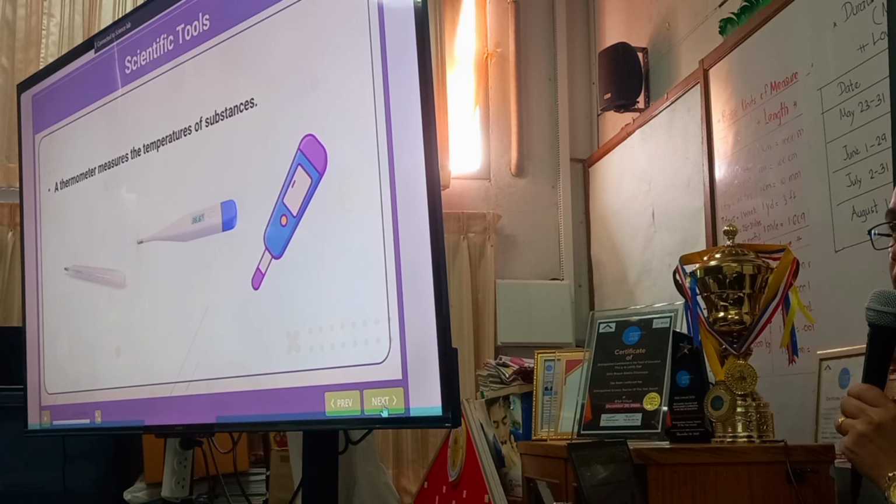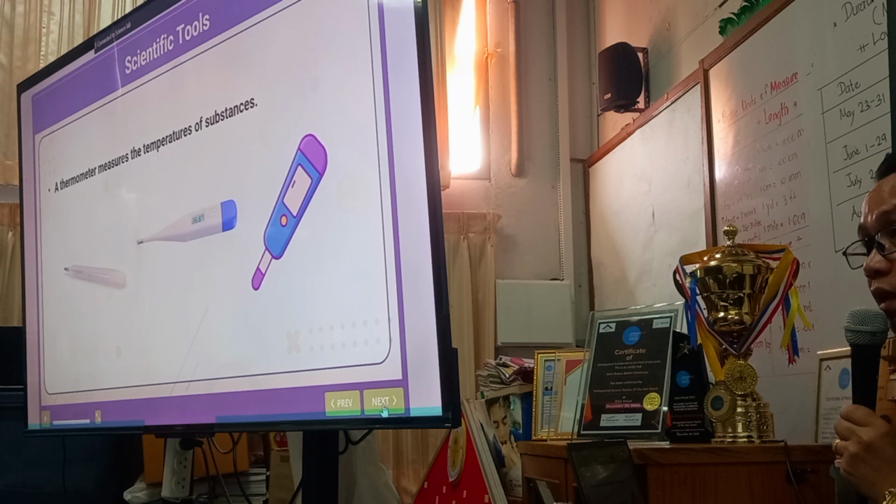Usually, a good indicator for our body temperature is at least 37 degrees Celsius. If it's higher than that, this is an indicator that there is something wrong with your body, either you are sick. If it's lower than that, there is something wrong again.